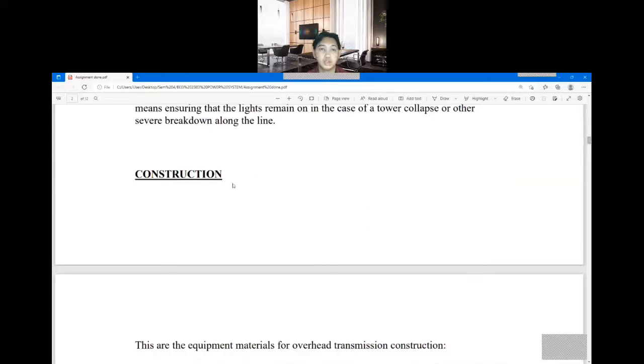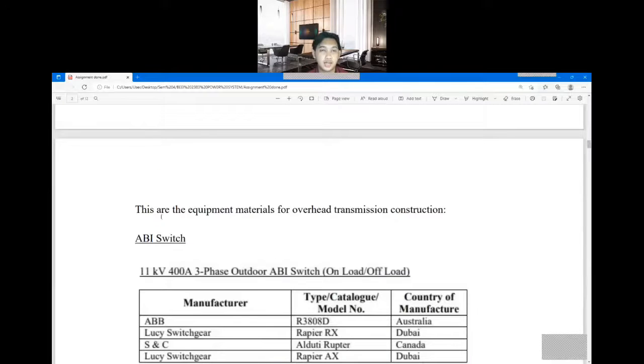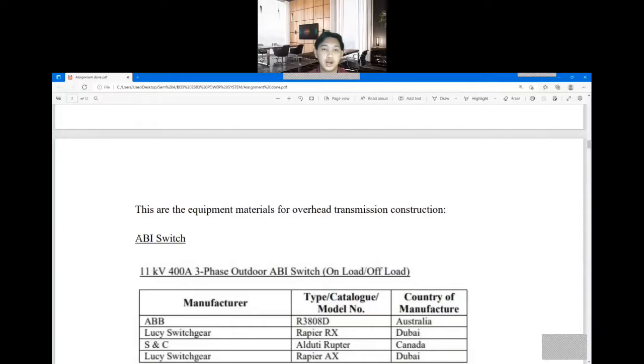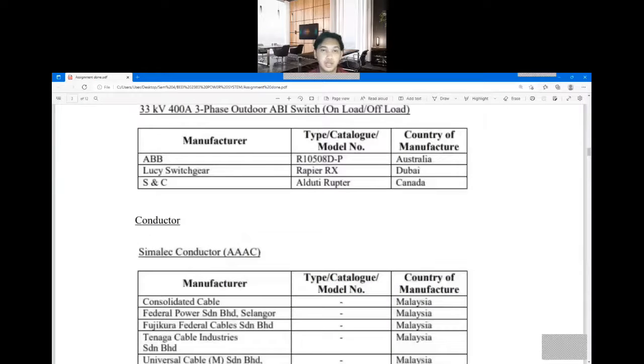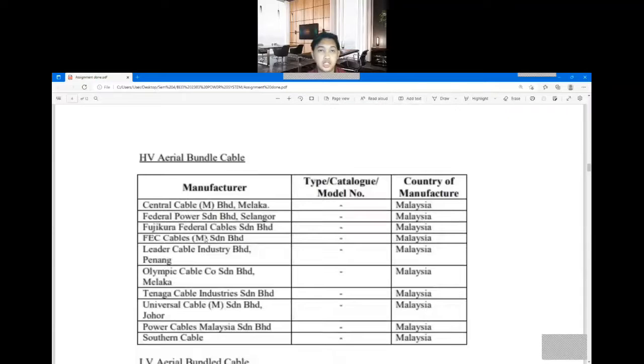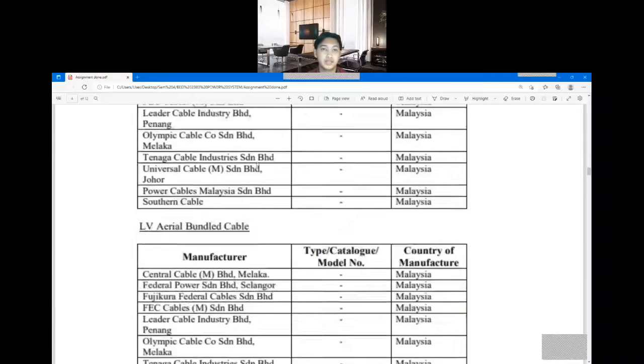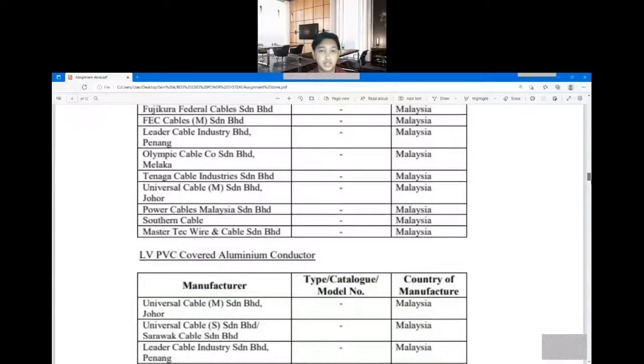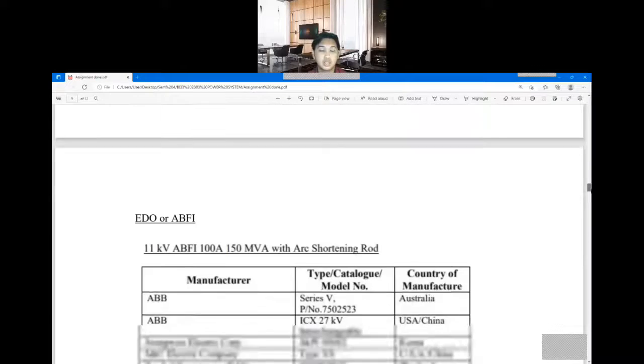So okay, constructions. These are the equipment materials for overhead transmission constructions. So there are ABI switch, conductor, CML conductor, HV aerial bundle cable, LV aerial bundle cable, and LV PVC covered aluminum conductor.